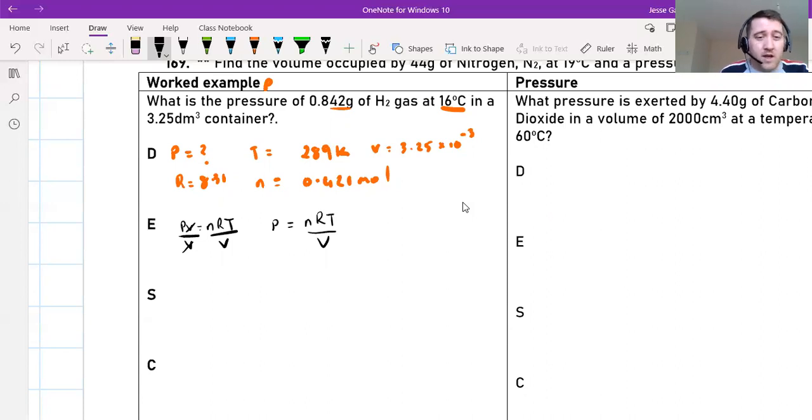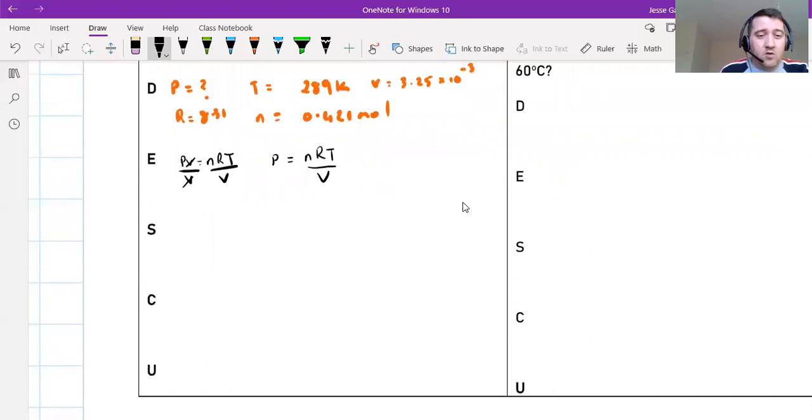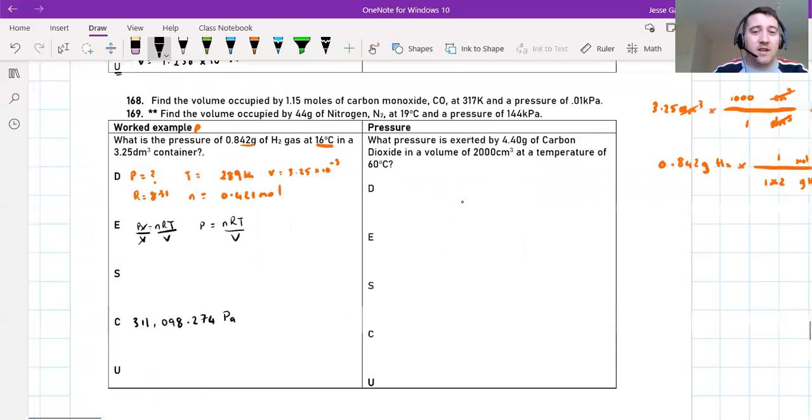This is the number I'm getting as my answer, 311,098.274, and that would ultimately be pascals for pressure. So quite a high pressure, 311,098.274 pascals. So that is that example.